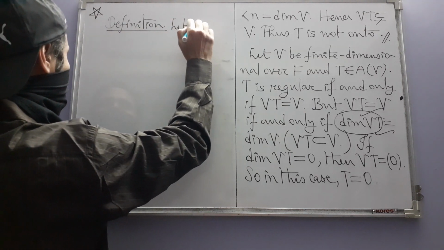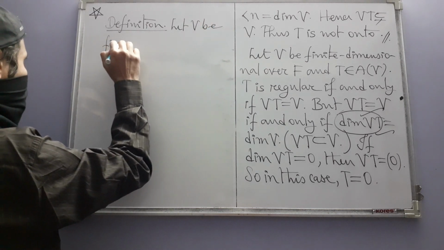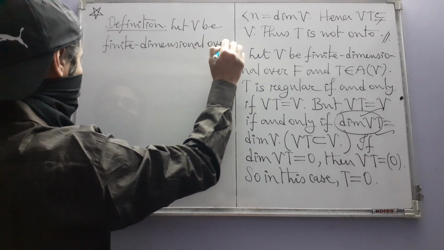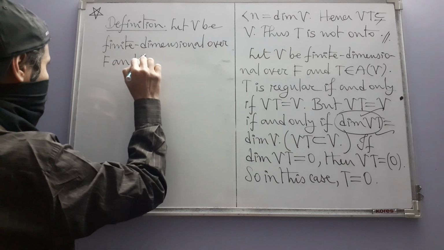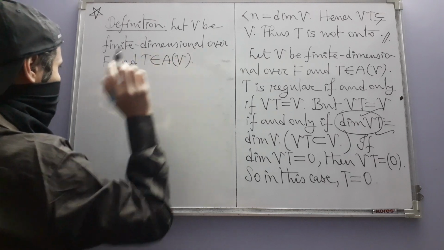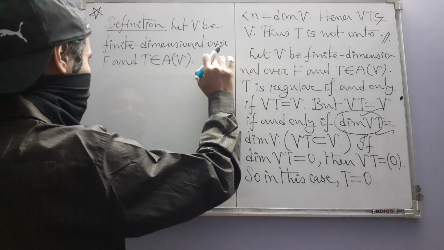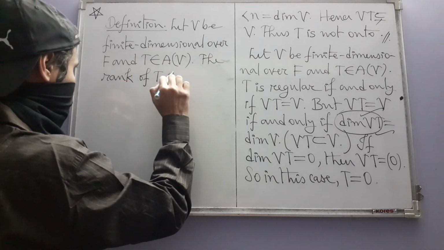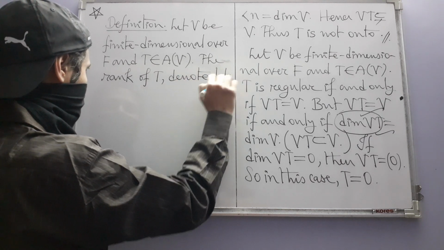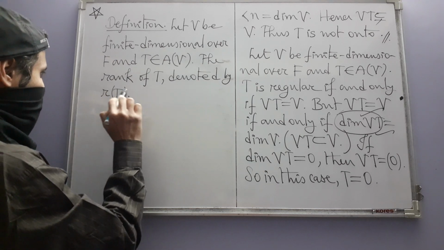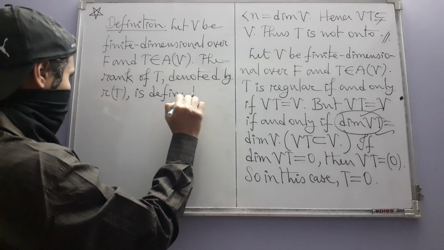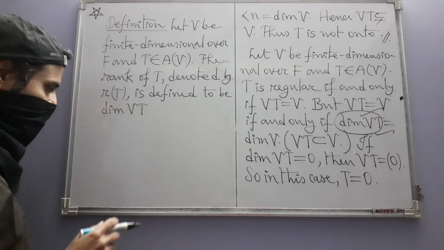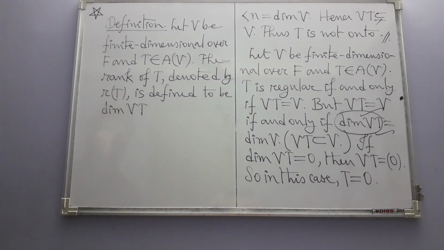Let V be finite dimensional over F and T be a linear operator on V. The rank of T, denoted by R of T, is defined to be the dimension of the range of T over F, of course, that is understood, it's there in the background.